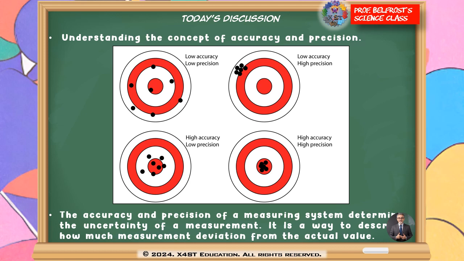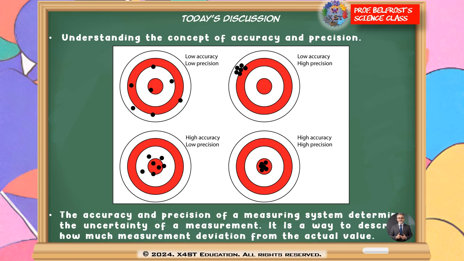How about the third? You see that they are all near the center, or the expected result, but they are a little dispersed. So it has high accuracy but middle or low precision. And what we want is the fourth picture, the bottom right one.